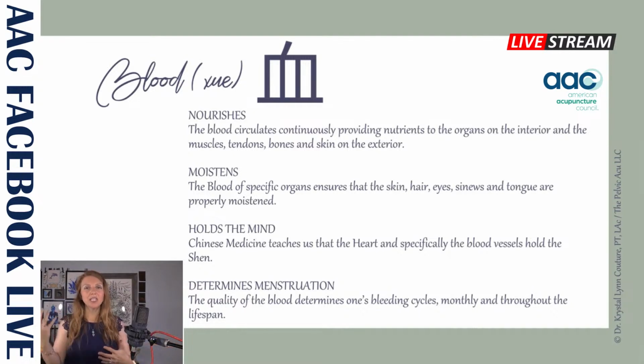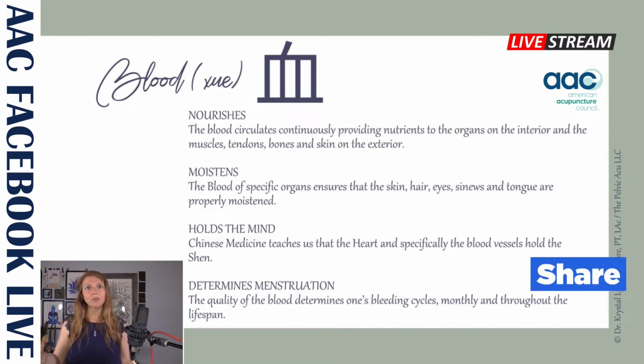So the blood has a direct role in moistening. This is really important as we start to think about female cycles. Chinese medicine teaches us that the heart, and specifically the blood vessels, hold the shen or the spirit. Finally, blood determines menstruation. The quality of blood determines one's bleeding cycles monthly and also throughout the lifespan.